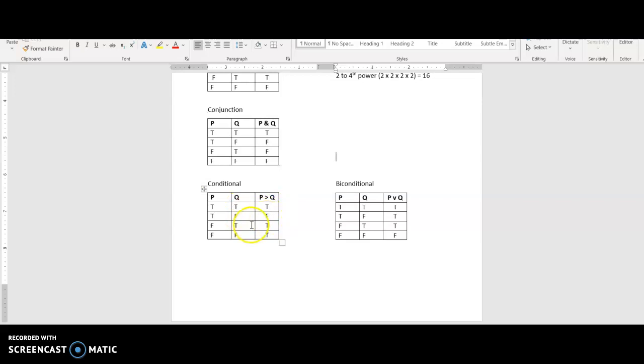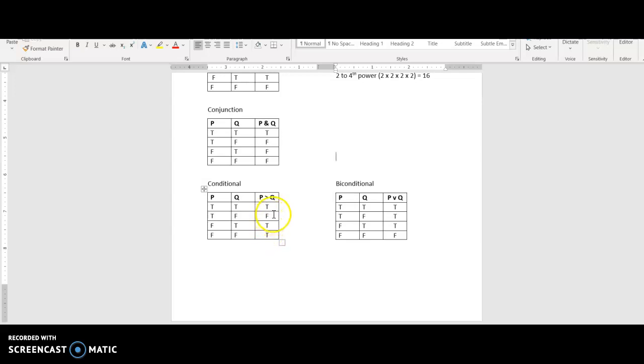Right? The last two lines where the antecedent comes out false, the conditional comes out true. And that's not real intuitive. If I said, if the Red Sox win, I'll pay you $1 million, and the Red Sox lose, well, I don't know. It's not real easy to say what we would say about the truth value of the whole sentence.